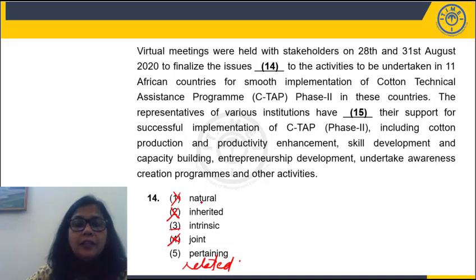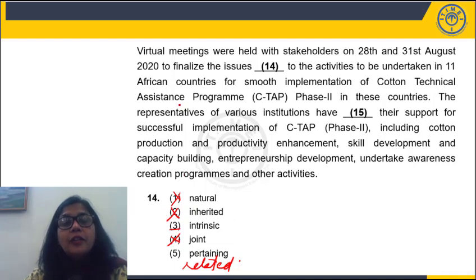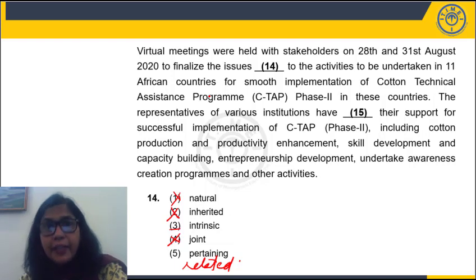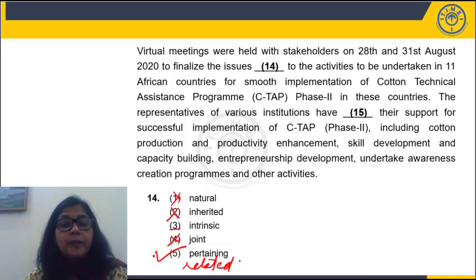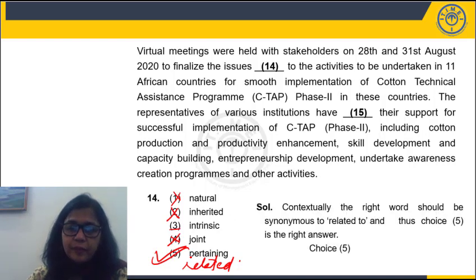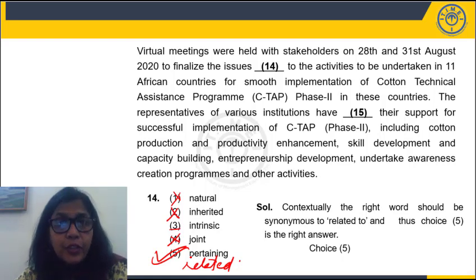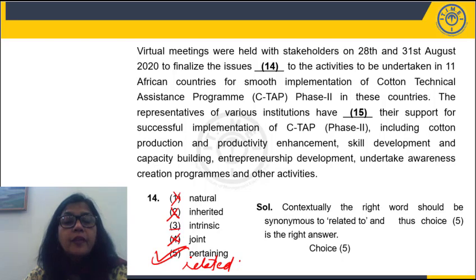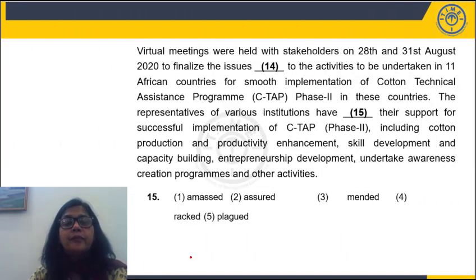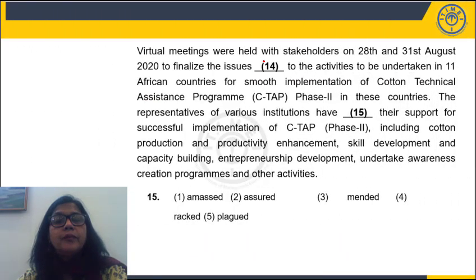And here we are talking about issues that are connected to, related to, hence pertaining to will be the answer over here, right? So contextually, this is the word that fits in best in this particular situation. Pertaining. Okay, so here we have pertaining.